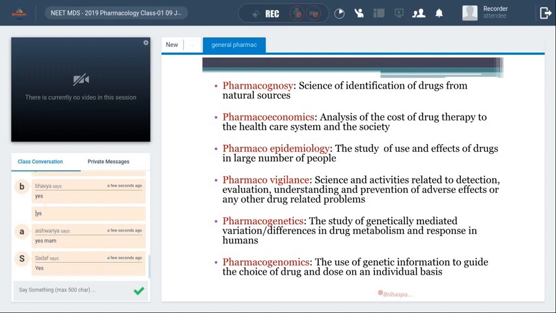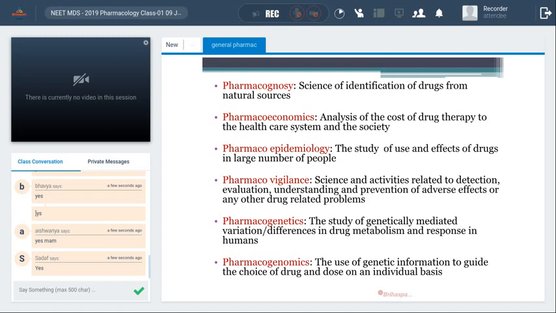Okay, then we come to pharmacovigilance. Vigilance is to be watchful, to be alert. What we have to be alert about in a drug is its side effects or adverse effects. So it is a branch which deals with everything about the adverse effect, that is detection, evaluation, understanding why this particular adverse effect is happening, and prevention of further such adverse events or any other drug-related problems.